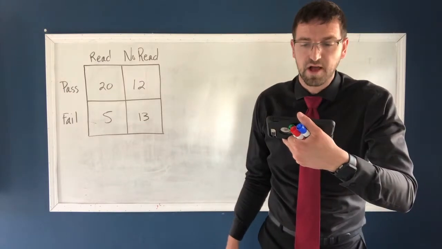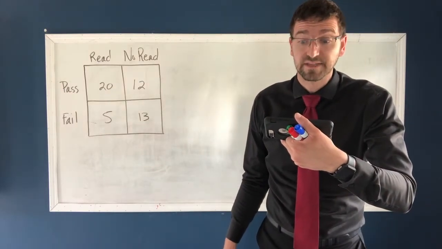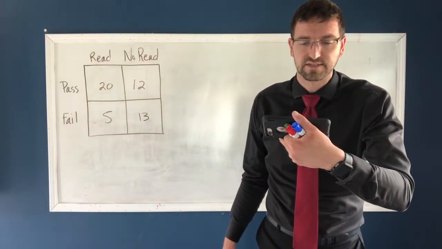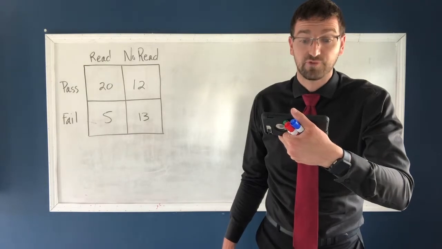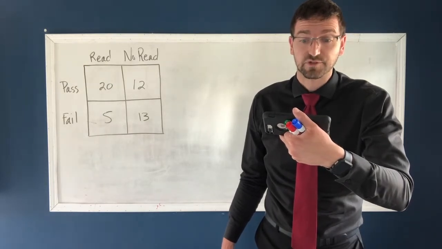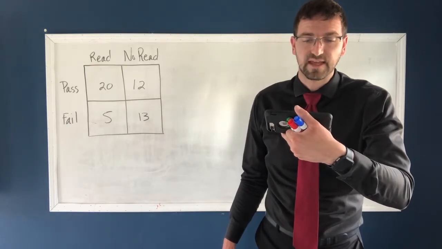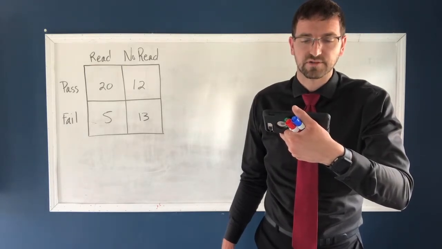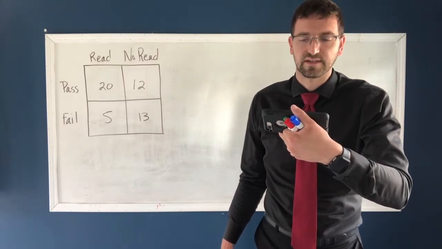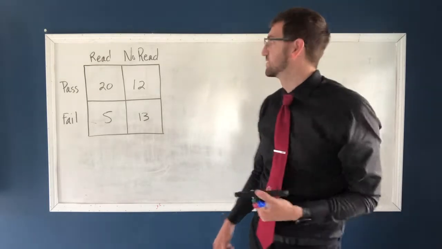To test his hypothesis, Mr. K randomly assigned 25 students to read the course textbook before every lecture, and the other 25 not to read the course textbook at all. At the end of the course, he counted the number of students who passed and failed in each category. The found frequency counts are presented in the table.